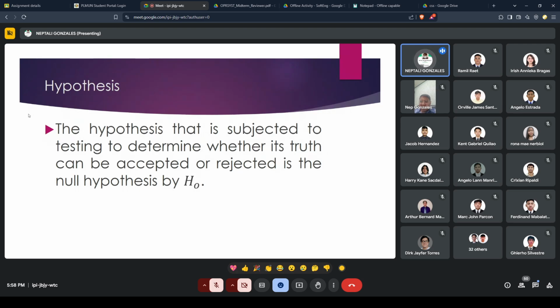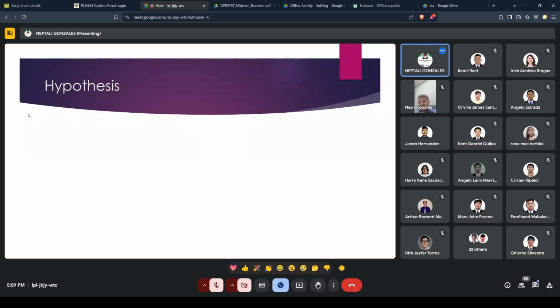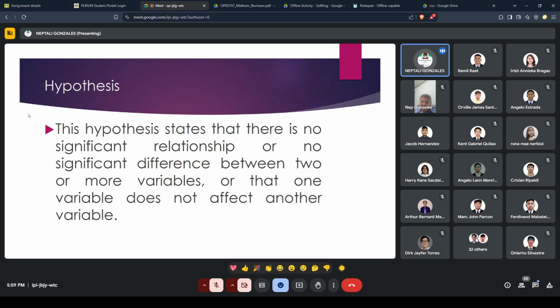The hypothesis that is subjected to testing to determine whether its truth can be accepted or rejected is the null hypothesis, denoted by H sub O. This hypothesis states that there is no significant relationship or no significant difference between two or more variables, or that one variable does not affect another variable, whether the two variables are both dependent or both independent.